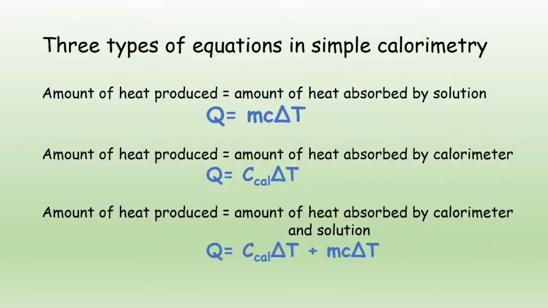The second type of equation is Q = C_cal ΔT. In this type of equation, the amount of heat produced by the reaction is assumed to be the same as the amount of heat absorbed by the calorimeter. In this case, the calorimeter is made up of the water or solution, and also the calorimeter itself.